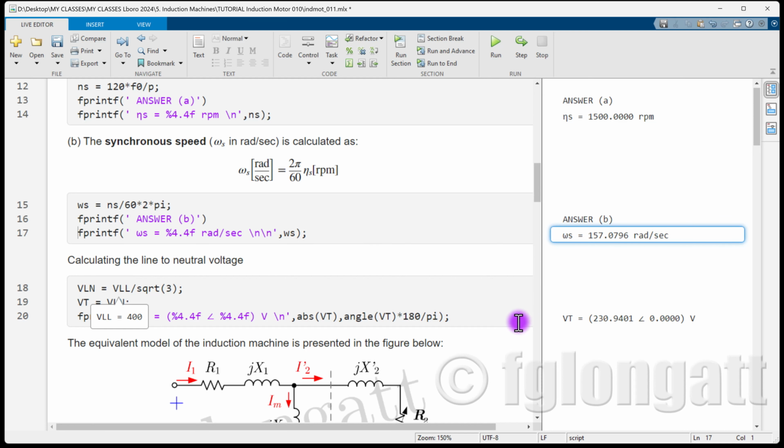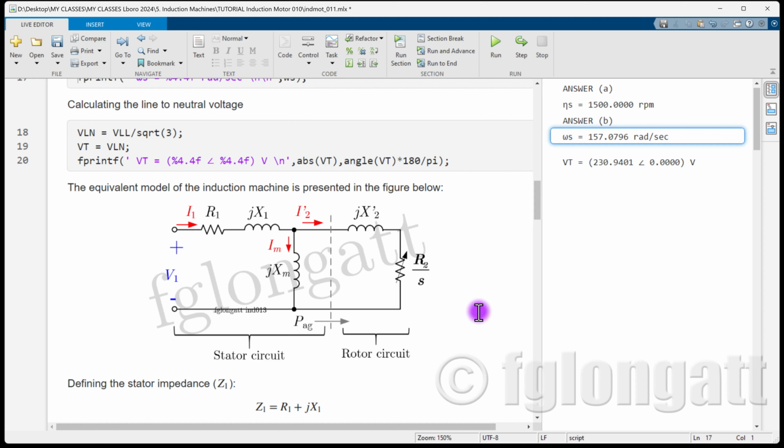The reason is that you must remember this model, because this is the circuit model for the induction motor. In this equivalent model, which is a single-phase equivalent model, all the quantities are referred to the stator, and the stator is connected between line and neutral.